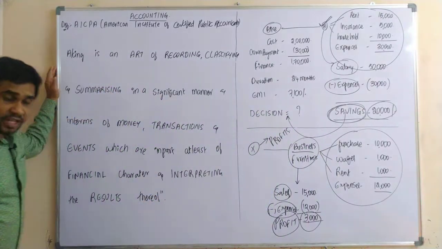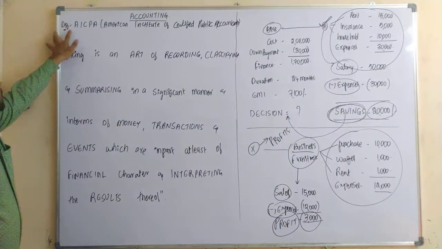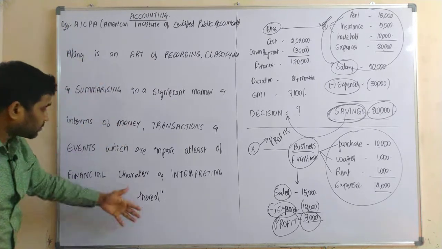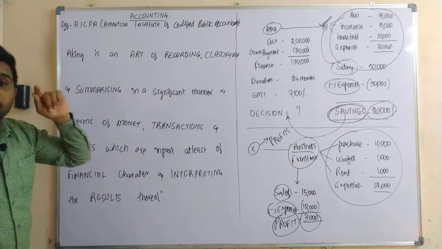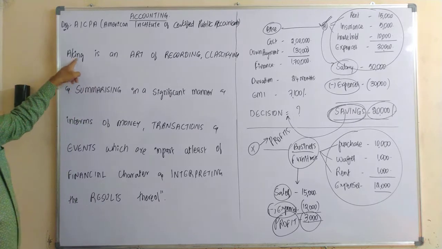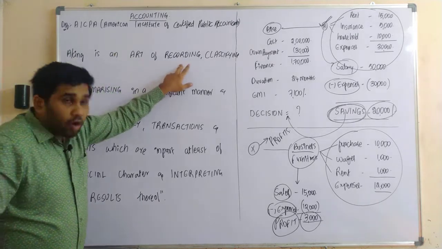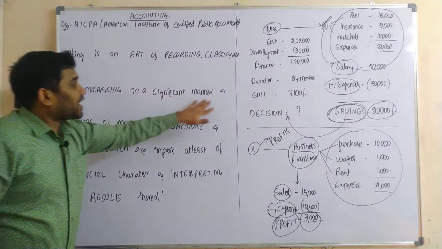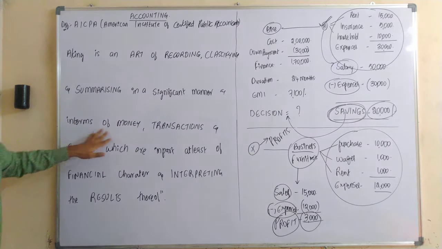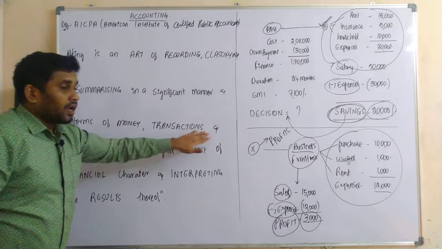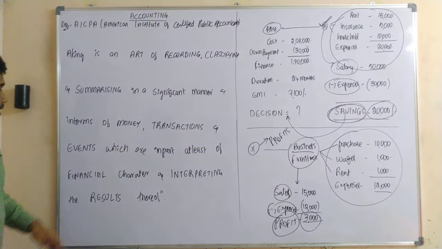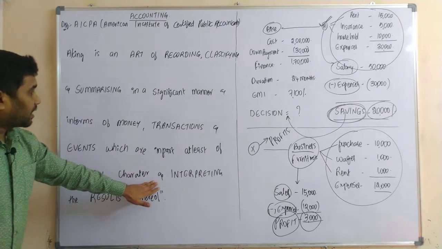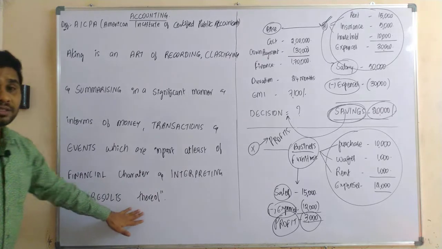So the Committee on Terminology set up by AICPA or American Institute of Certified Public Accountants have formulated this following definition. So according to them, accounting is an art of recording, classifying and summarizing in a significant manner and in terms of money, transactions and events which are in part at least of financial character and interpreting the results thereof.